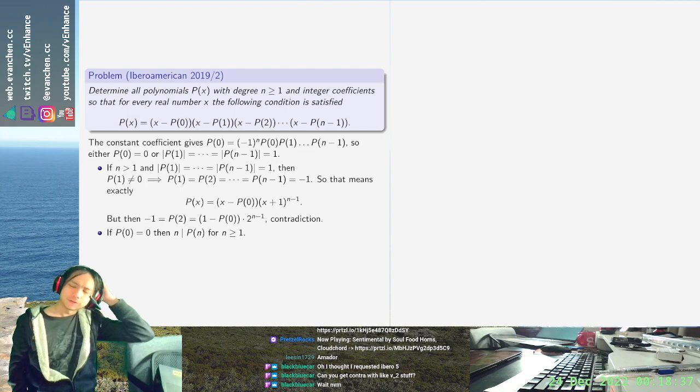But in general, I feel like p of x has to be divisible by too much stuff. Maybe, I don't know. I don't think that's going to kill the problem by itself though.